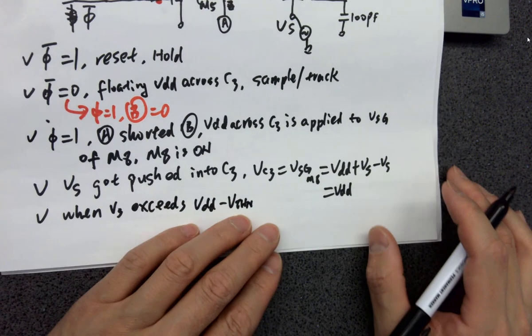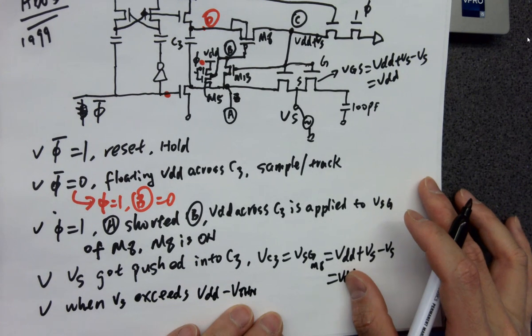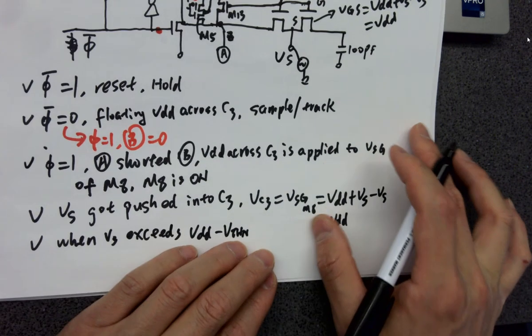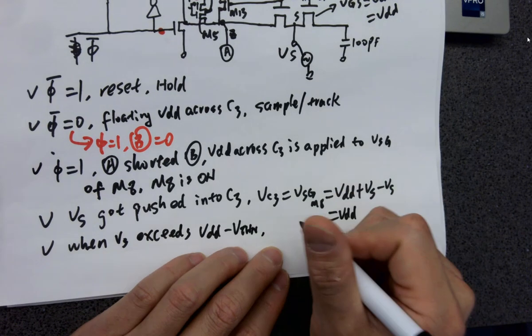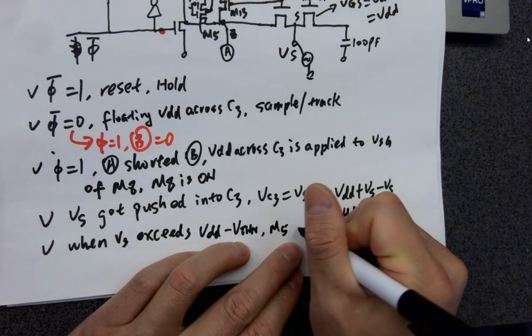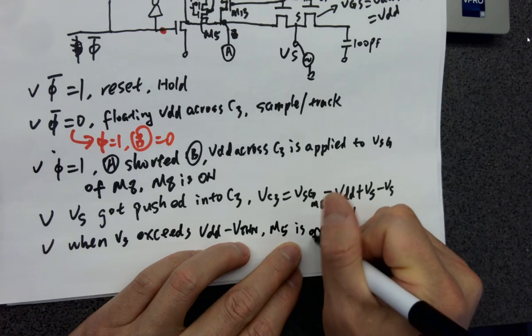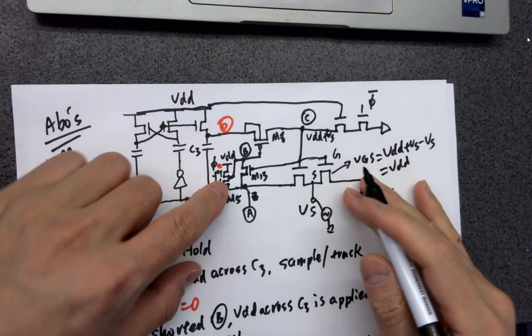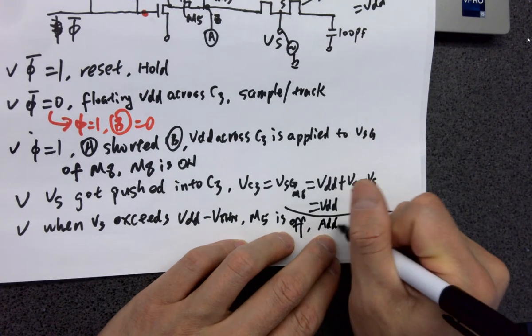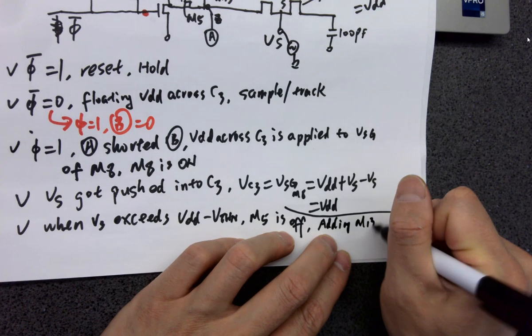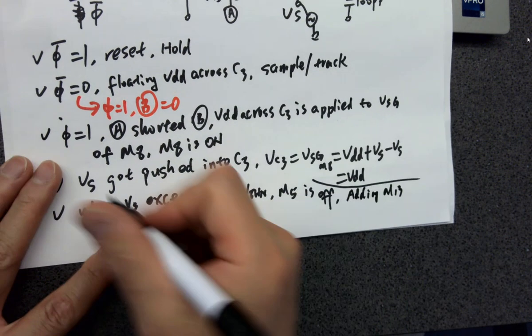You know, the analog signal is usually pretty small, again a few hundred millivolts. But just in case you want to sample a pretty large voltage, in that case the M5, which is this transistor M5, will be off. So adding M13 there will be helpful.